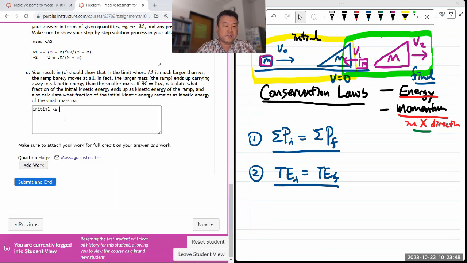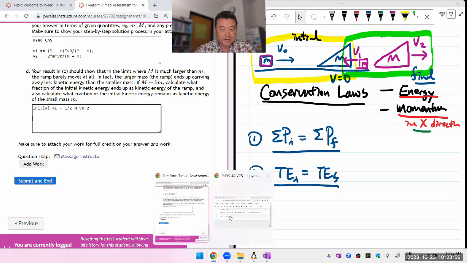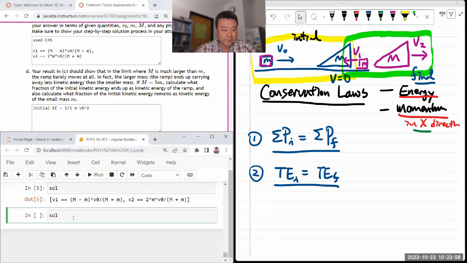Initial kinetic energy is equal to 1/2 m v naught squared. I'm doing this so that if I run out of time, it'll at least collect my partial work there. So what I need is an expression for the kinetic energy of the mass, which is 1/2 times m times v1 squared. That's my kinetic energy 1.